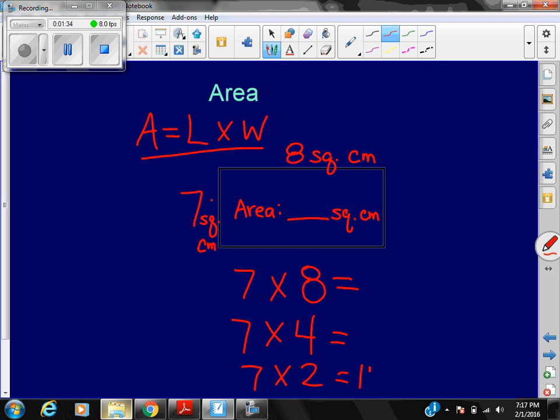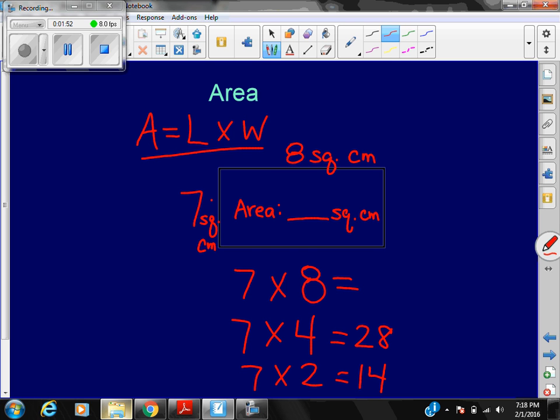Well, because 4 is double 2, you could double 14 to get the answer to 7 times 4, when one of the factors is the same. And so 14 plus 14 would give me 28.